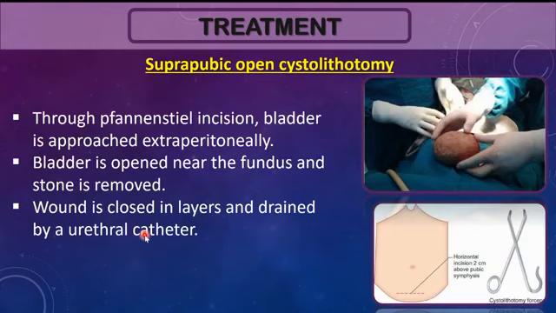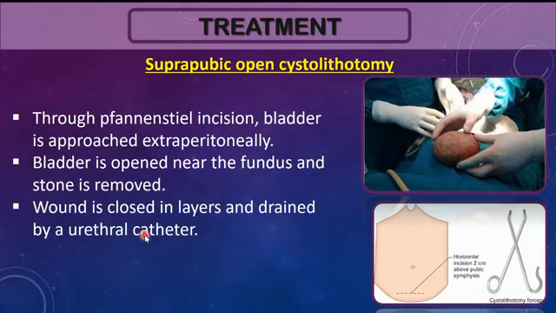So what about suprapubic open cystolithotomy? This operation is done by a Pfannenstiel incision. It is a slightly convex incision in the suprapubic region, 2.5 centimeters above the pubic symphysis, extending from one border of the rectus abdominis to the other border. Then skin and subcutaneous tissue are incised transversely.